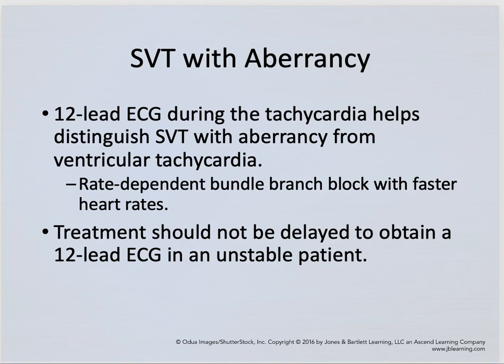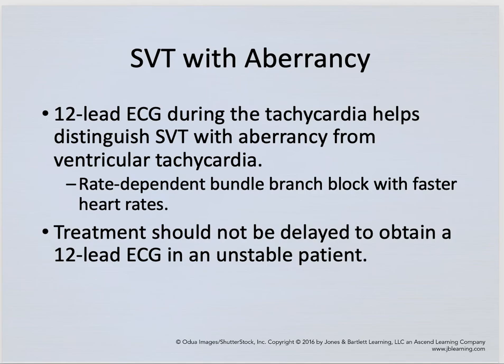Another rhythm we want to look at is pretty discernible. Anyways, you'll be able to figure this one out. With supraventricular tachycardia with aberrancy, the 12-lead EKG is going to help distinguish what exactly we're looking at.